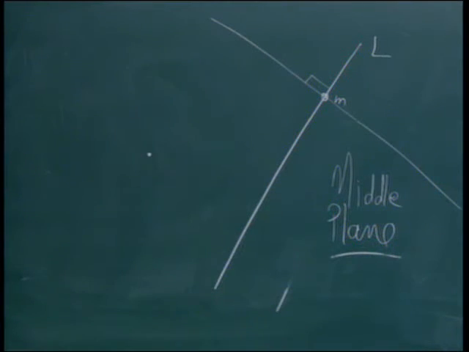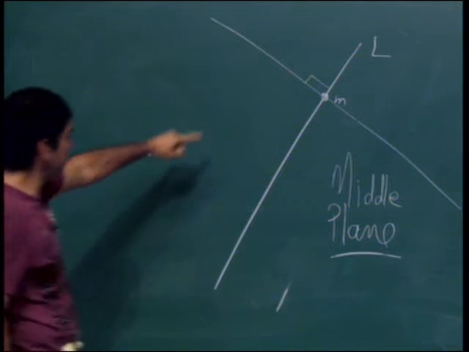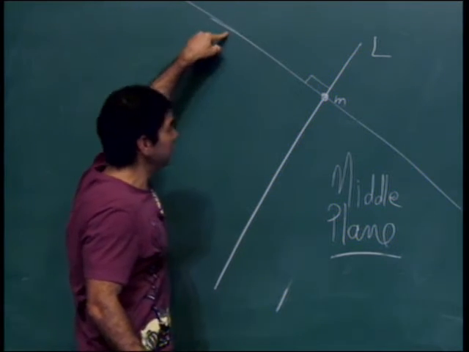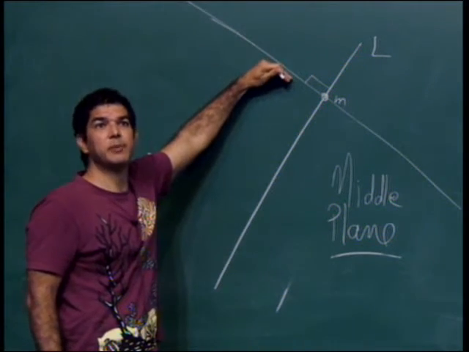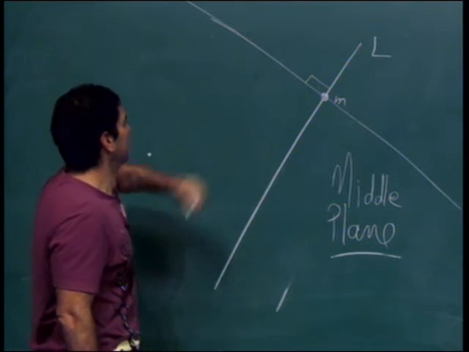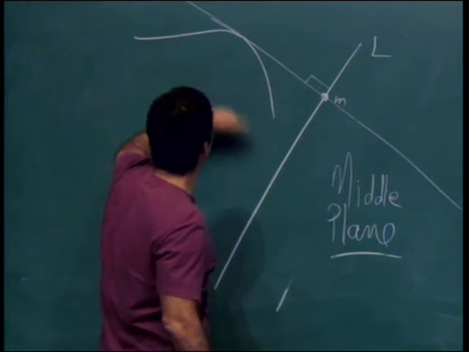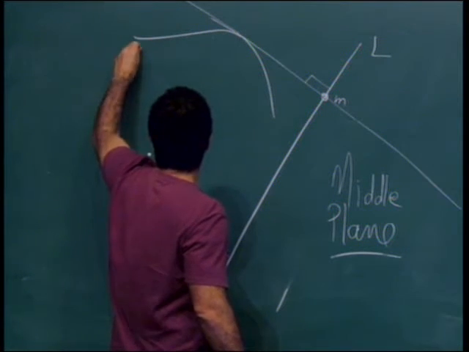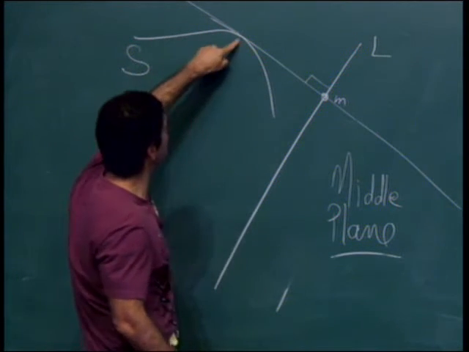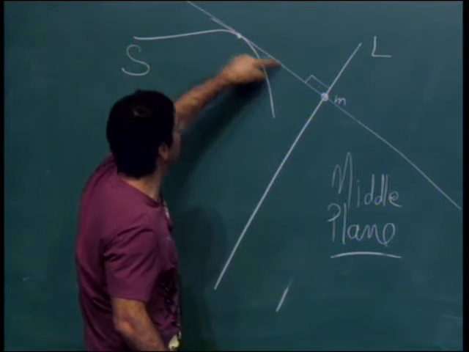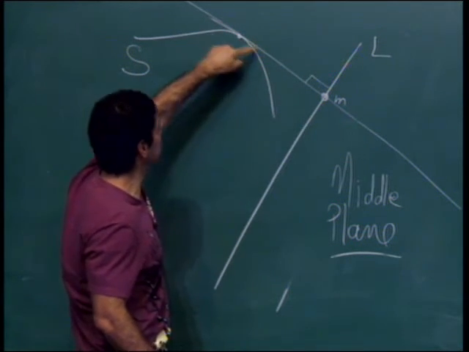And what he did, he considered the envelope of this two-parameter family of planes, right? Sorry if my picture is very bad. Suppose, call this S, a surface such that for each point here, the middle plane is tangent to it.